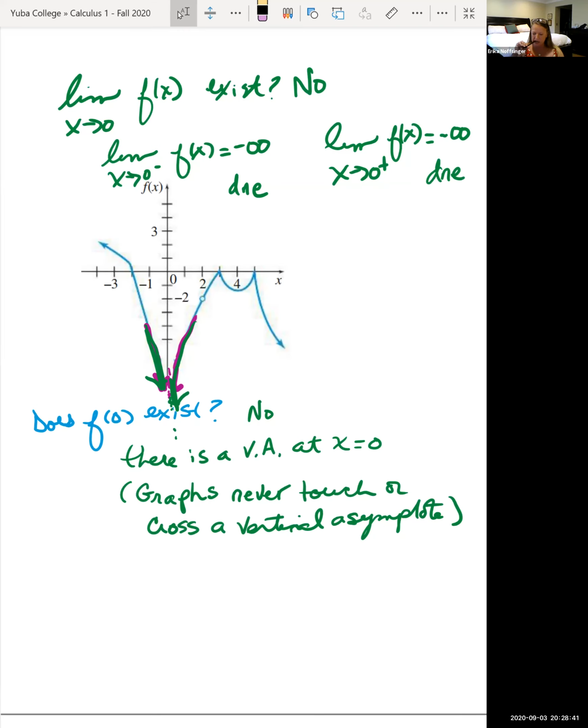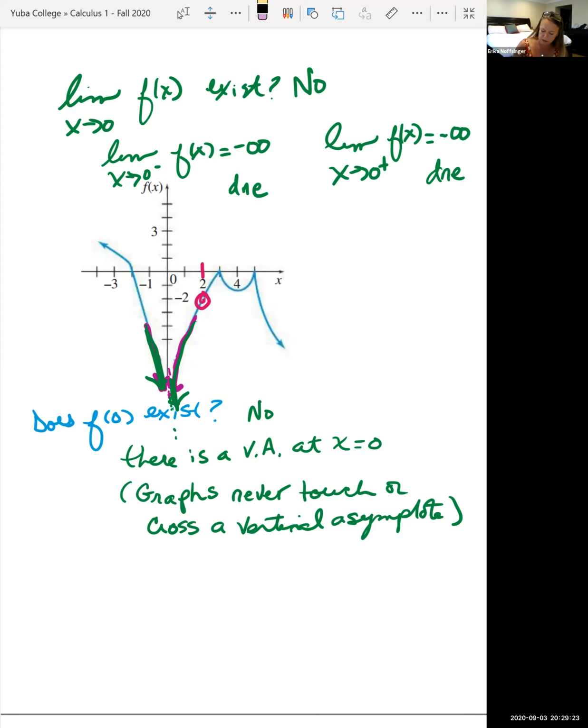Okay, hopefully that clarified things. Is there any other place in there that is not continuous? Okay, so I see yes. Where is it? X equals 2. So look at x equals 2 here. If we go down to where the graph is at x equals 2, notice this is, maybe you can't see it, but that's an open circle there.